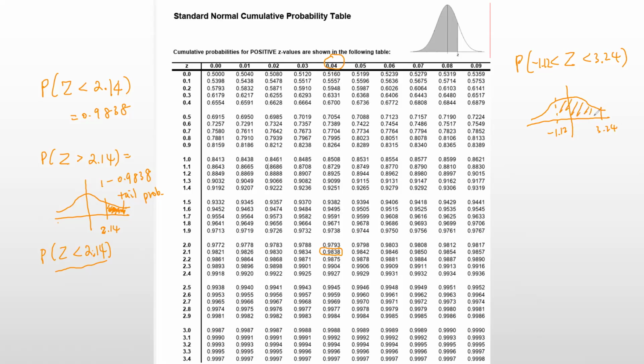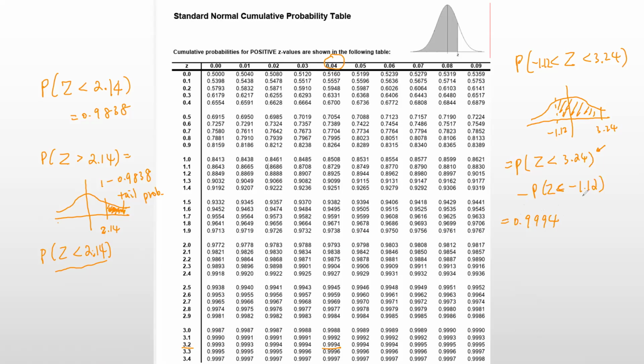It's the area under the curve between these two numbers, so it will be the probability of z less than 3.24 minus the probability of z less than negative 1.12. The first one is pretty easy to find from the table for 3.24. It's 0.9994.